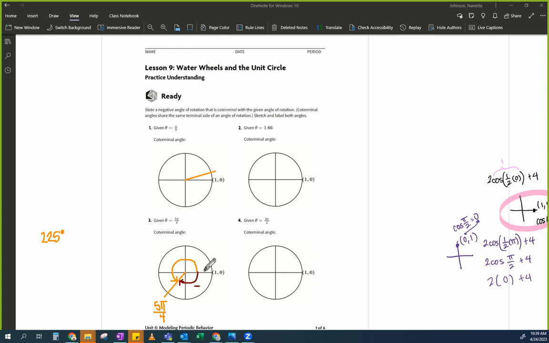What is this whole guy, from here all the way around here? Yeah, it's 2 pi, right? So if this is 2 pi, oops, my sticks are too long, but that's okay. If this is 2 pi and this is 5 pi over 4, what's the rest of it?